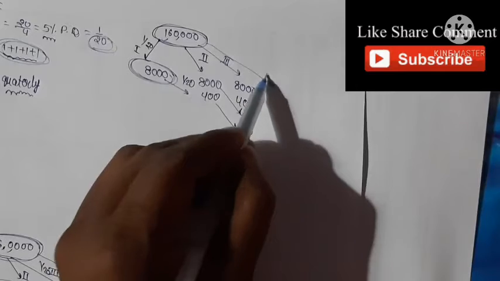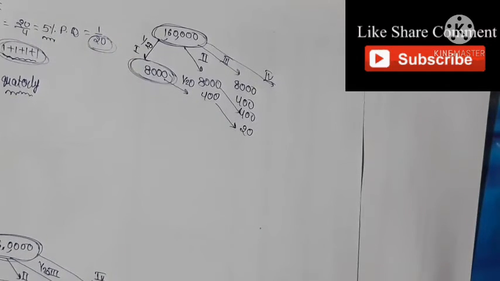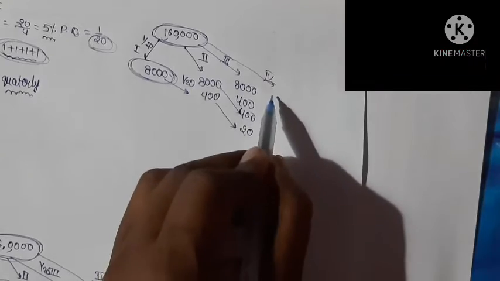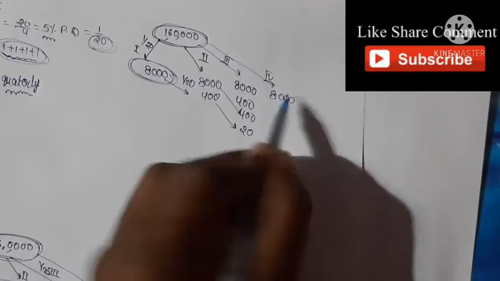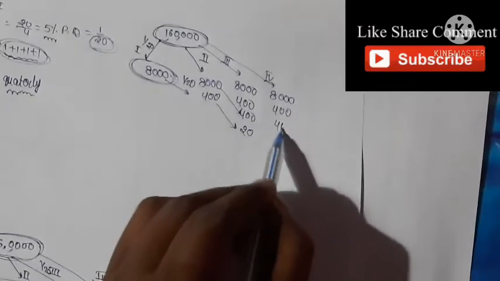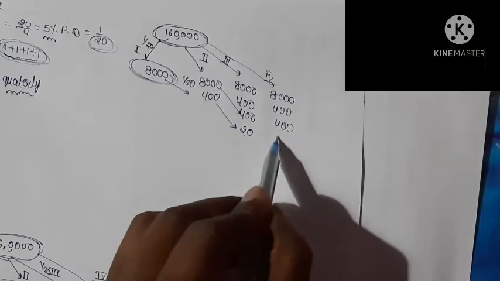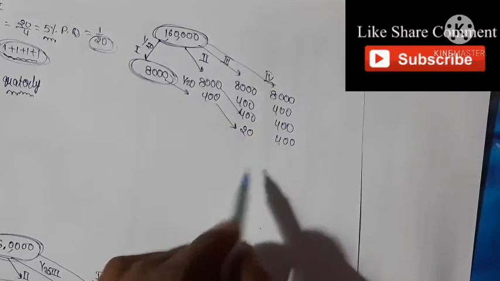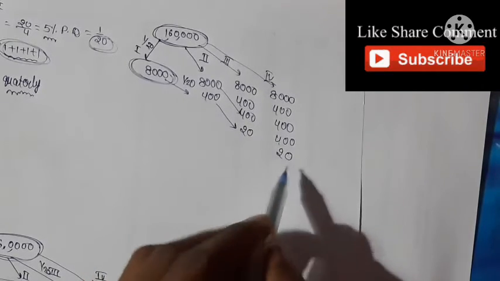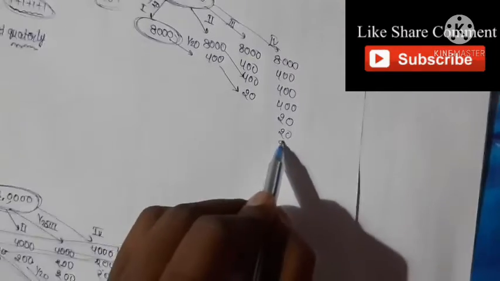For the fourth year, 8,000, 400, 400, 20, 20, 1.